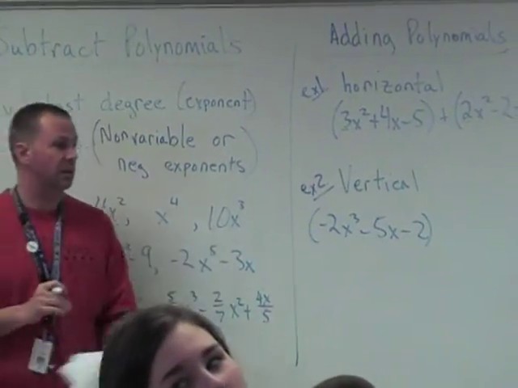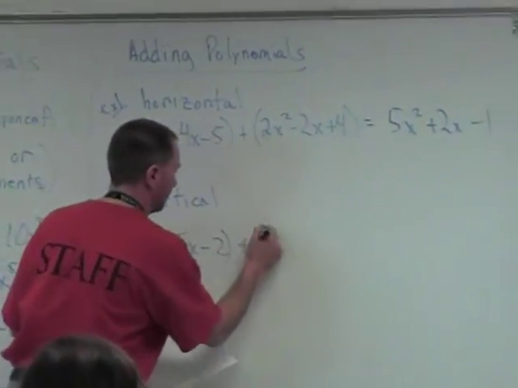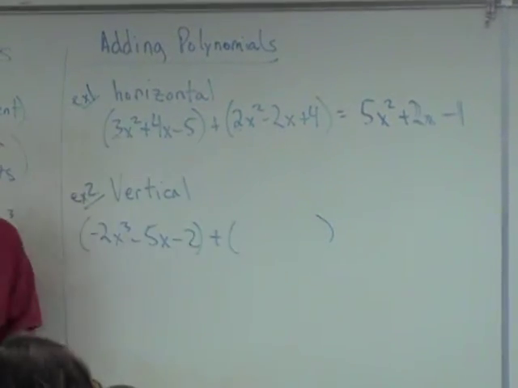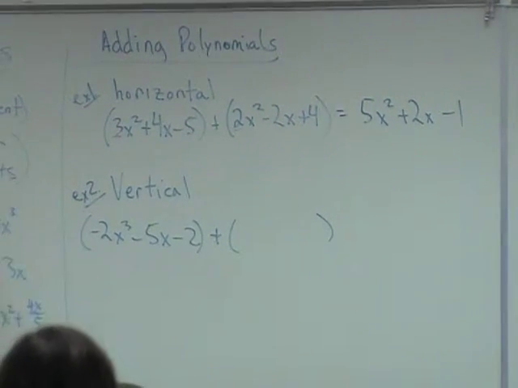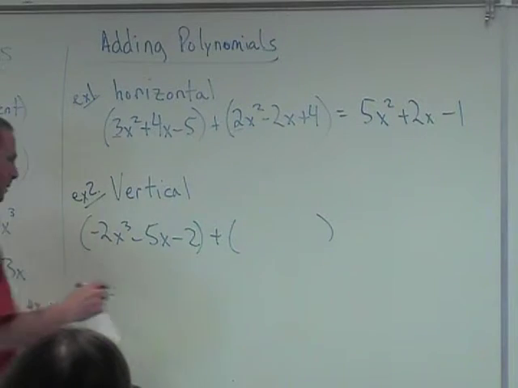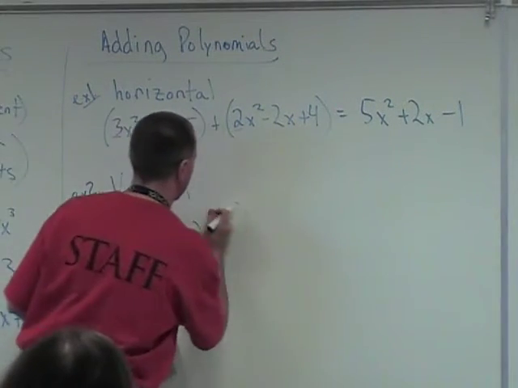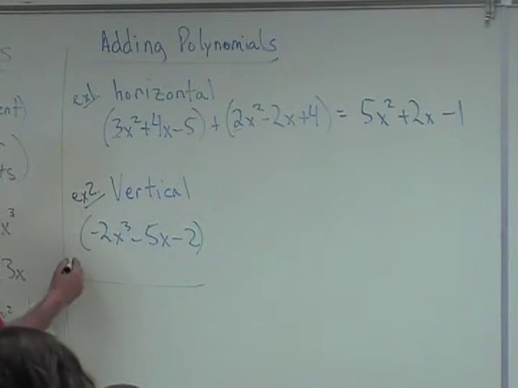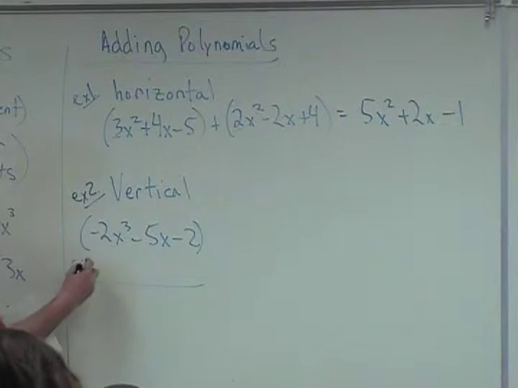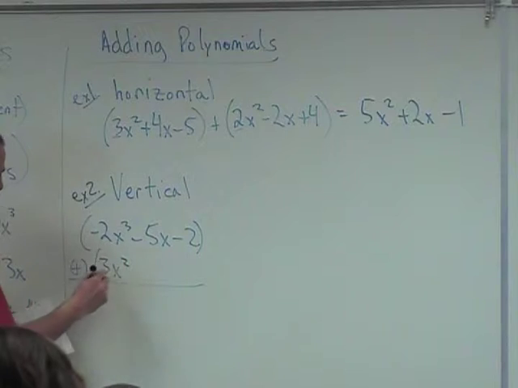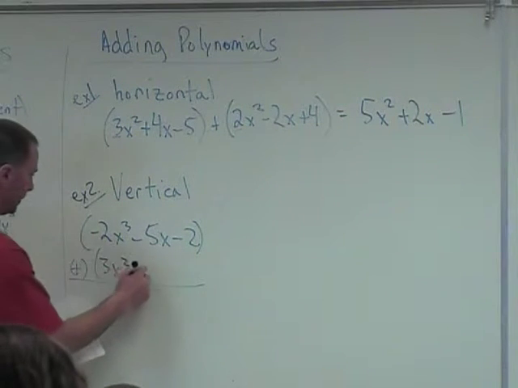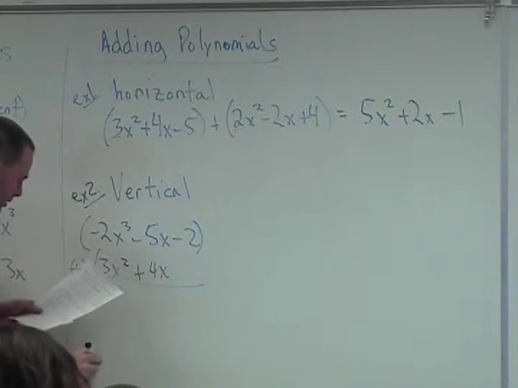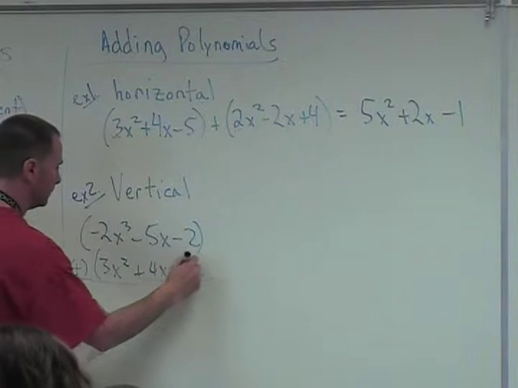The second expression we're going to add, I'm going to write it horizontally and then I'm going to show you how to write it vertically. I'm going to write it underneath here to prove the point. We're adding 3x squared plus 4x minus 2.